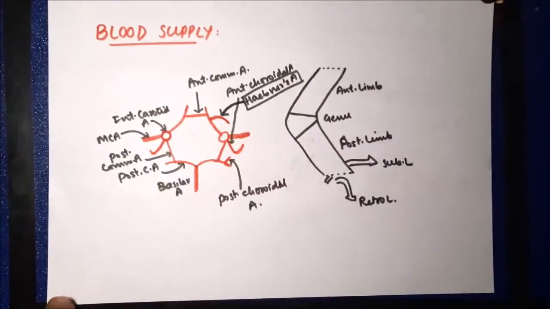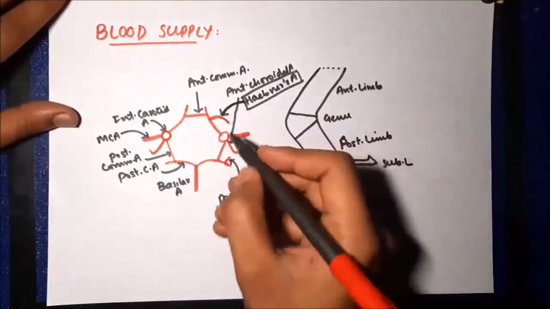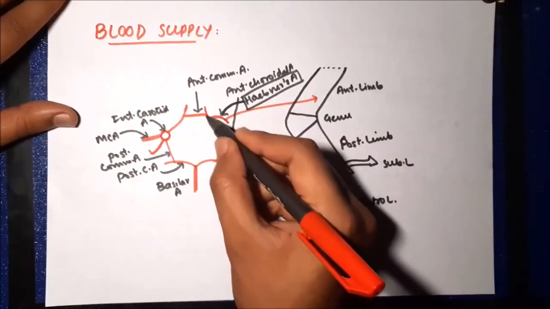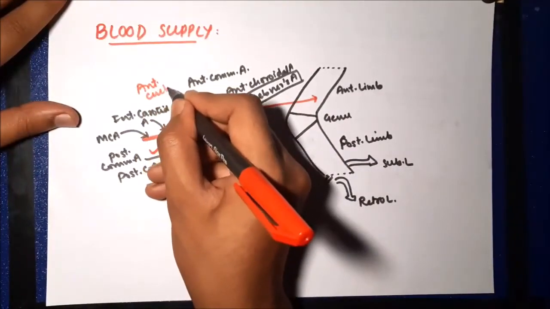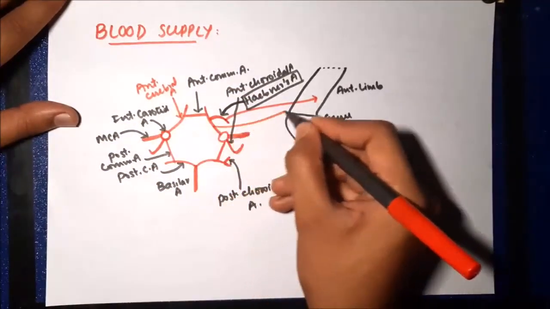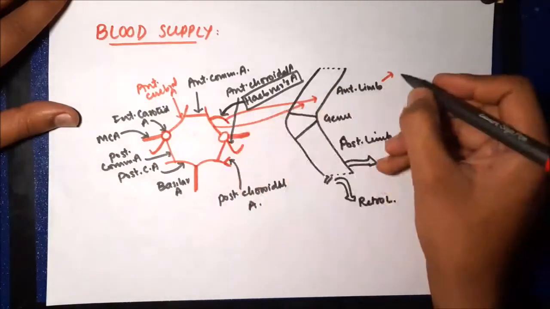Now let us start with the blood supply of the anterior limb of internal capsule. The anterior limb is supplied by a branch of Heubner's artery and a direct branch from the anterior cerebral artery. So the anterior limb is supplied by two branches.